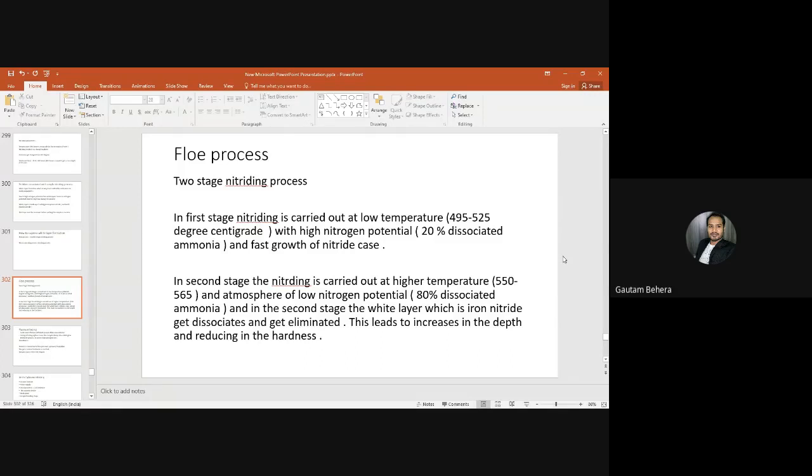So partial pressure will be less for the nitrogen here. So we have a low nitrogen potential if more dissociation will happen. If less dissociation will happen, then less amount of nitrogen, less amount of hydrogen will be there. And we want nitrogen to react, basically, right? And nitrogen has affinity towards these alloying elements. So if less dissociation will happen, you can say you have good nitrogen potential here.